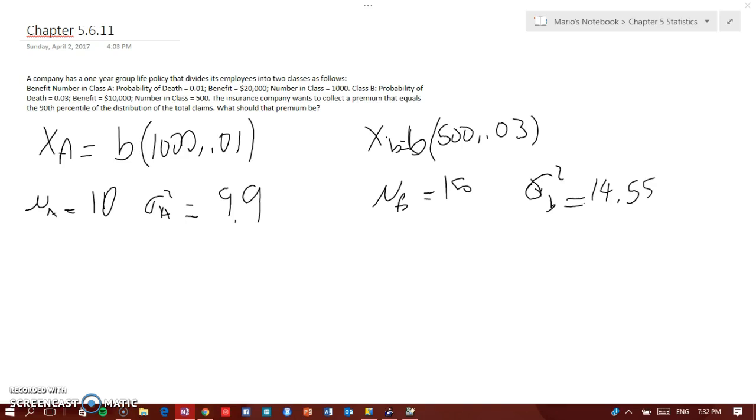So now, we need to find how much that claim is, but that claim is for both classes.